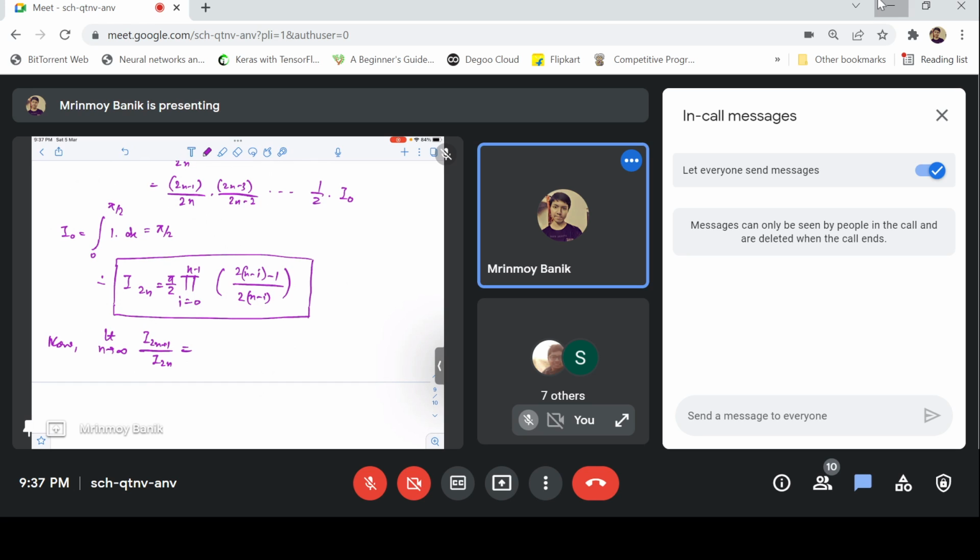The upper limit is 1, and now the limit becomes I_{n+1}/I_n. Sorry. So it was I_{n+1}/I_n. I guess its reciprocal also tends to the same thing. Whatever. Never mind. So to correct this one also.